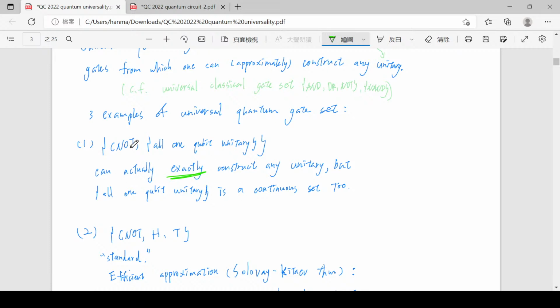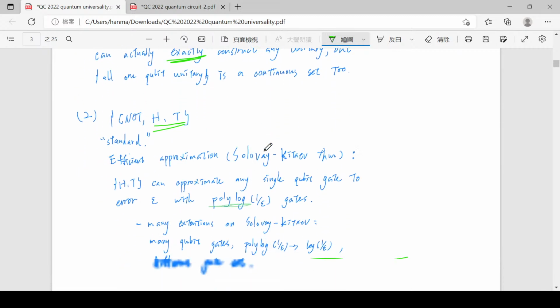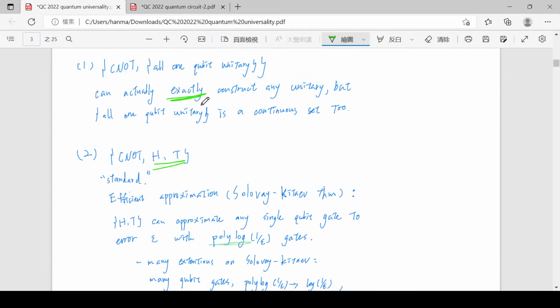That means whatever circuit unitary you want to apply, you can build from CNOT and one-qubit unitaries exactly. But for CNOT, Hadamard, and T, simply because this is a countable set, you cannot build every unitary exactly. So this is an approximation here. Okay?